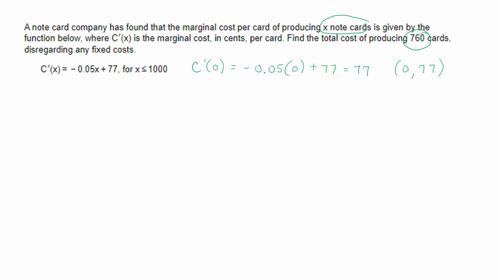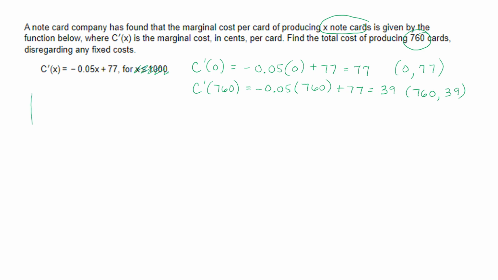Now, again, just like before, the 1,000 will throw some of you, so we're not really looking at that. We're looking at the 760. So we're going to plug that in for X. And we get 39, giving us an ordered pair where X is 760 and Y is 39.